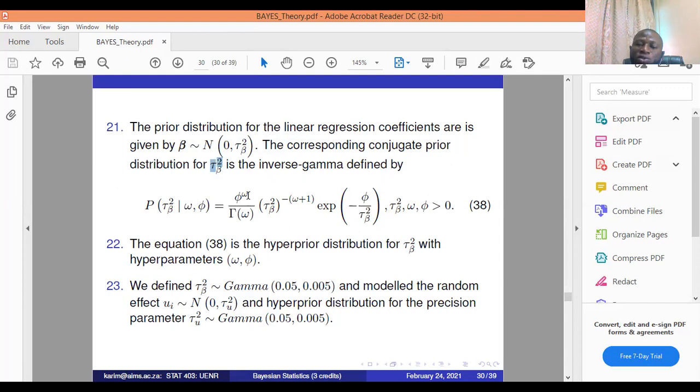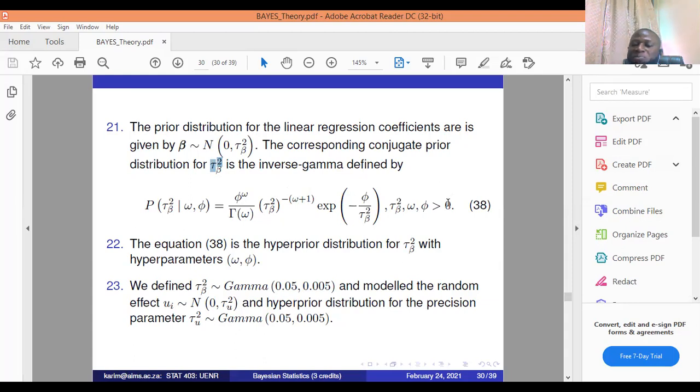We have psi to the power omega over gamma of omega, then the variance or the precision of the parameter to the power minus of omega plus 1, exponent of minus psi over the precision of the parameter.